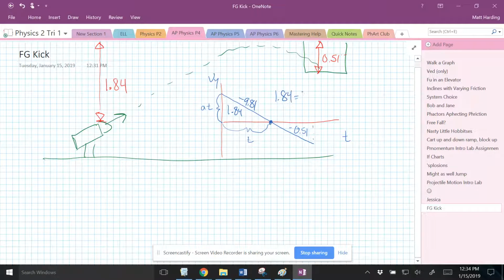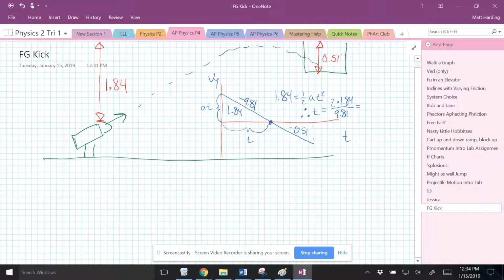So 1.84 equals 1/2 of AT times T, so AT squared. And I can solve that out for T. That's going to be 2 times 1.84 divided by 9.81.